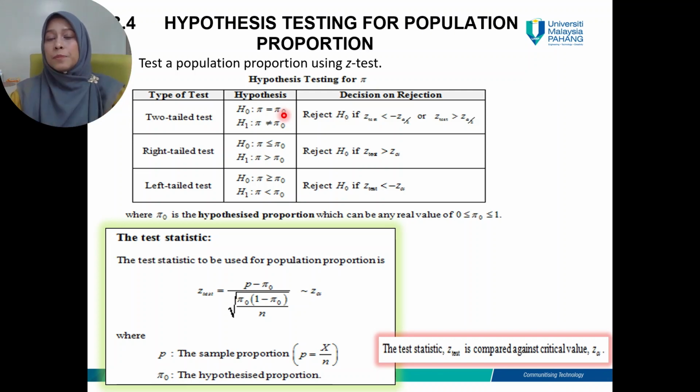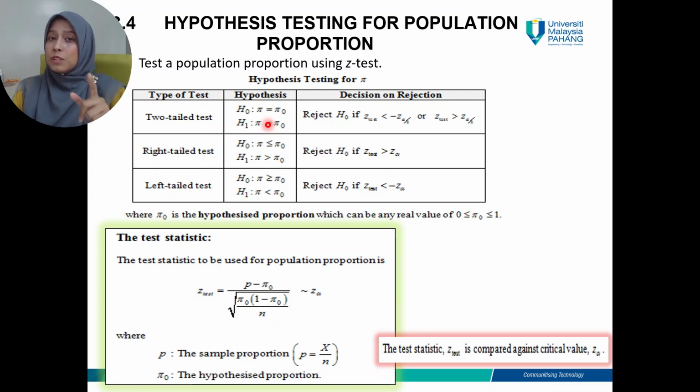Previously it was mu naught because the hypothesis was concerning the mean. So here it is going to be pi, because this is about pi. This is your two tail test, right tail test or left tail test, so which tail test depends on the claim.